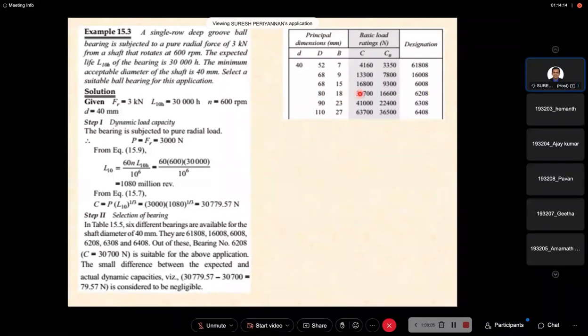Like this we have to use the manufacturer catalog, or else you may consider the design data book or design data table. This way we define our bearing designation and bearing dimensions. Thank you guys for your cooperation.